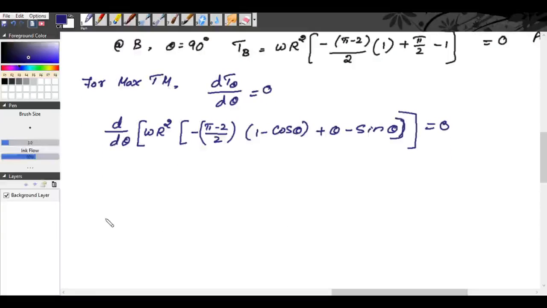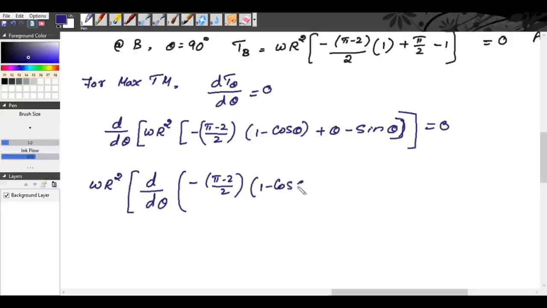So we get WR square into, this is constant, d by d theta of minus (pi minus 2)/2 into (1 minus cos theta) plus theta minus sin theta is equal to 0. So WR square is not 0.